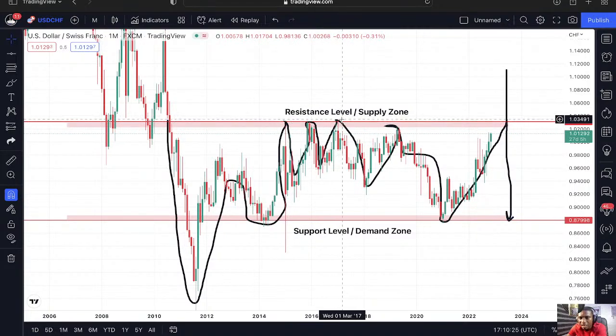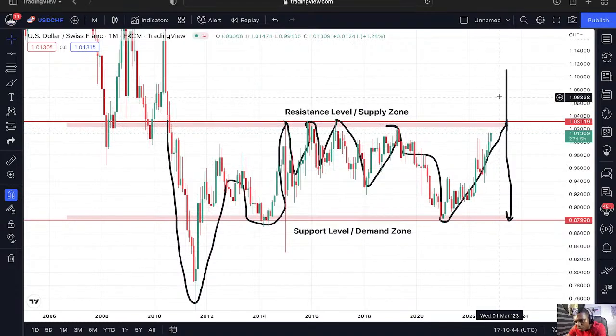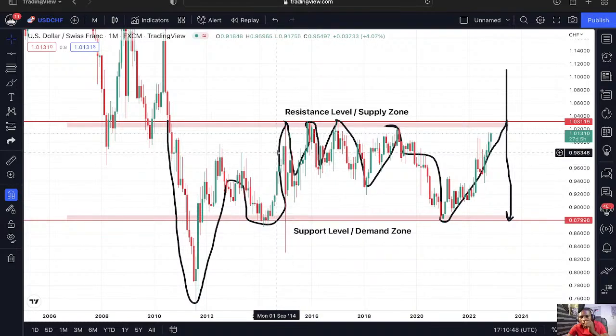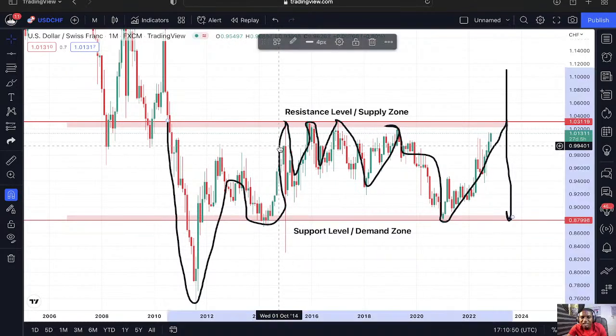Price came the third time, this level has become weaker than the second and the first. Now price came again the fourth time, this level is now much weaker than the third, second and first. Now the fifth one might most likely be the breakout point.